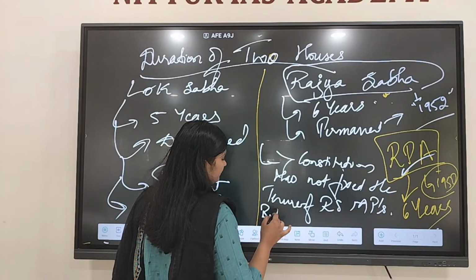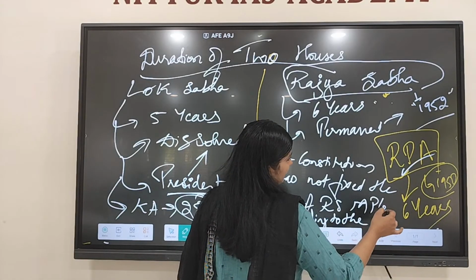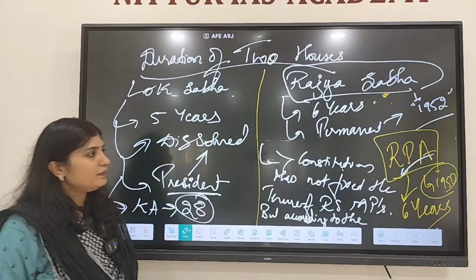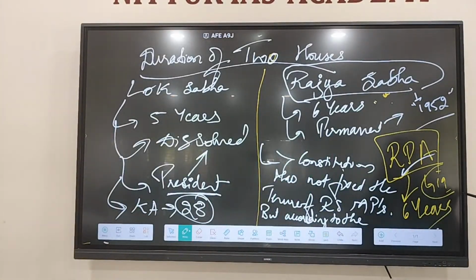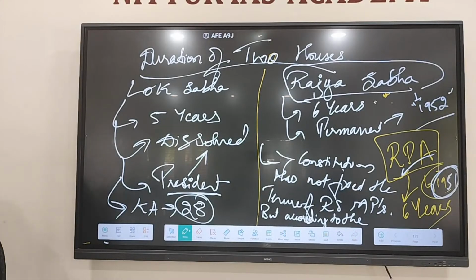But according to the Representation of People's Act of 1951, the term of office of Rajya Sabha shall be 6 years.